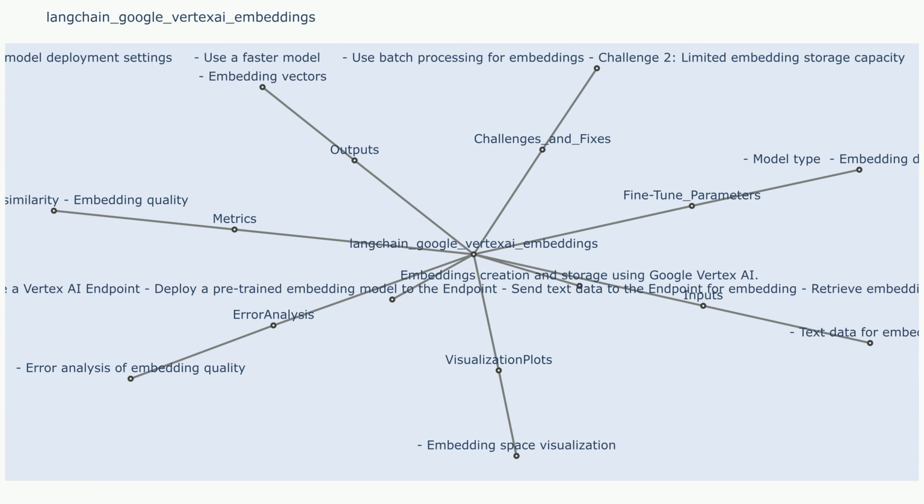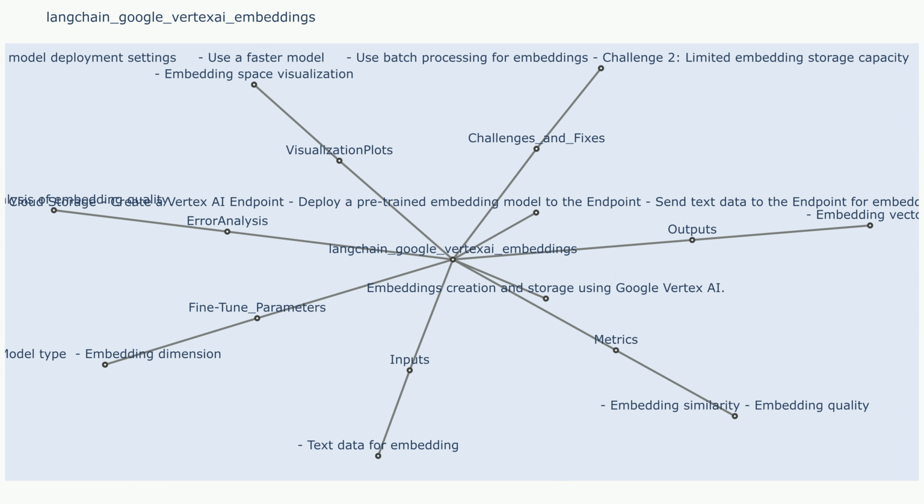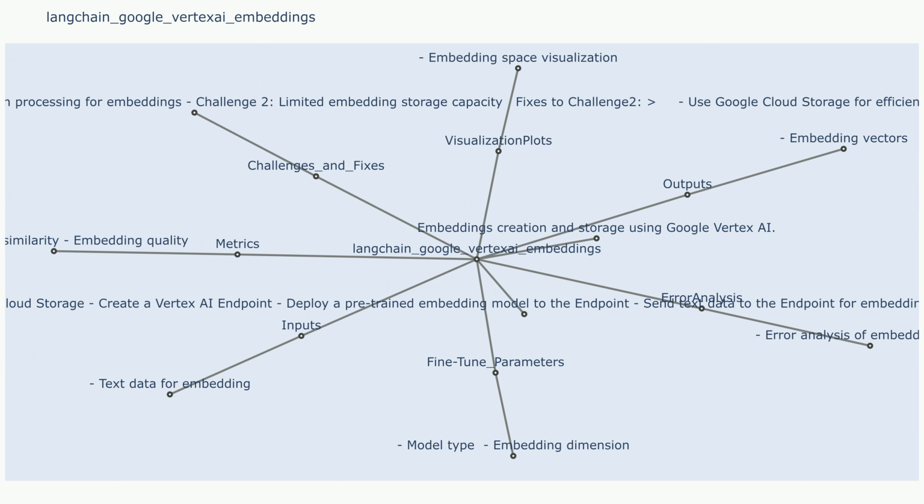Steps. Step 1. Explain in detail. The input text is preprocessed, which may involve tokenization, normalization, and stemming. Step 2. Explain in detail. The preprocessed text is fed into the chosen embedding model, which generates the dense vector representation.